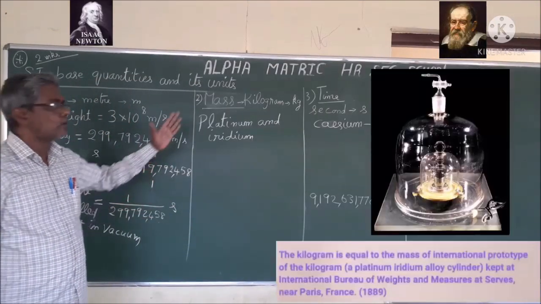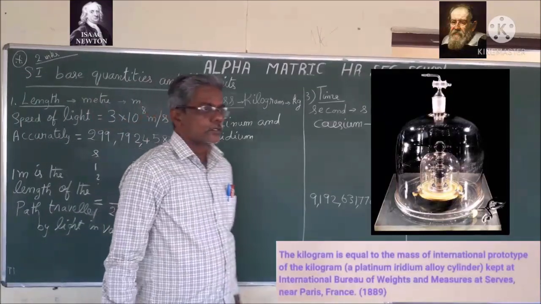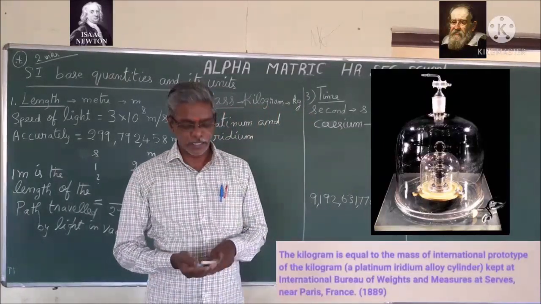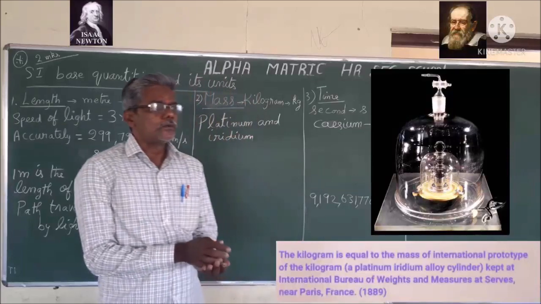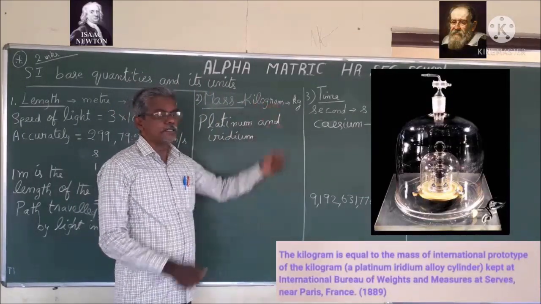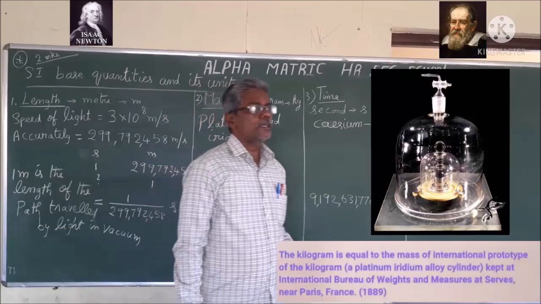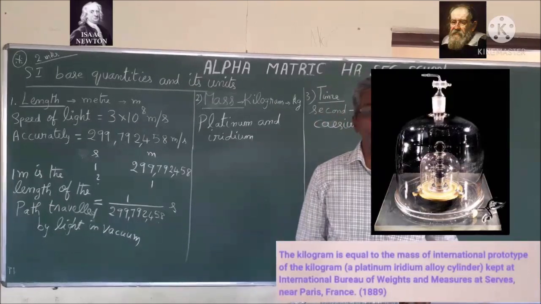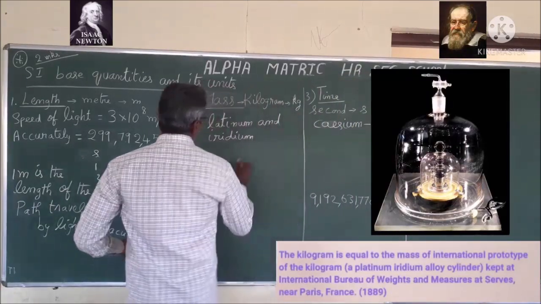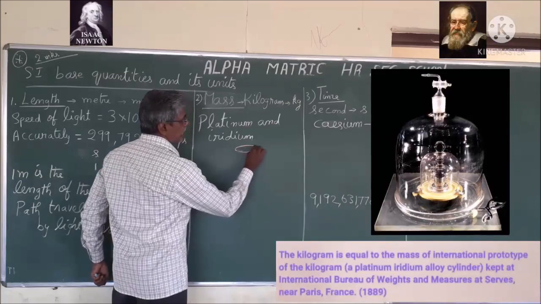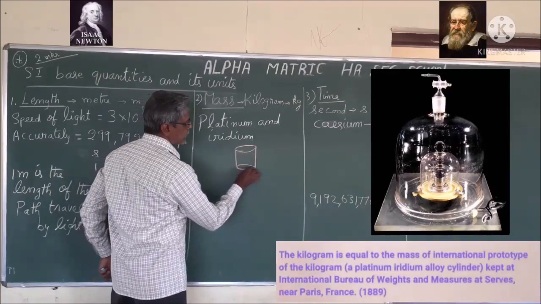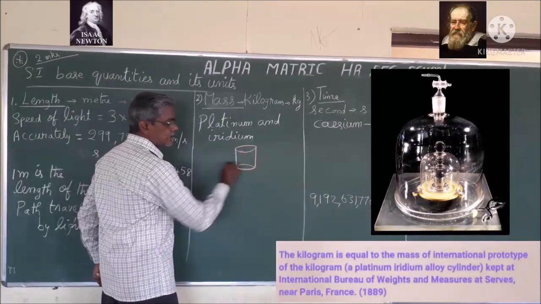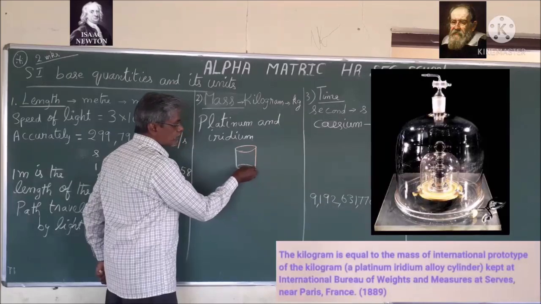Is this clear now? Now we are going to mass. The unit for mass is kilogram and the symbol is kg. Now we can define 1 kilogram. 1 kilogram is equal to the mass of a platinum and iridium cylinder whose height is equal to the diameter.